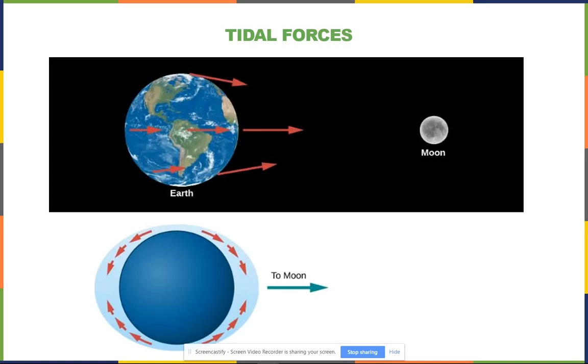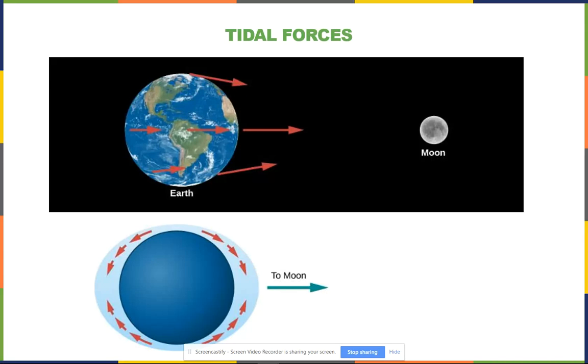Okay, because it's closer, the variation is bigger. The tidal forces are the difference in gravitational pull from one side to the other. If you look at the upper picture, the red arrows are very exaggerated, showing how strong the gravitational pull is for a little segment of equal mass on different parts of the Earth. It's stronger on the side closer to the moon and weaker on the side farther from the moon.